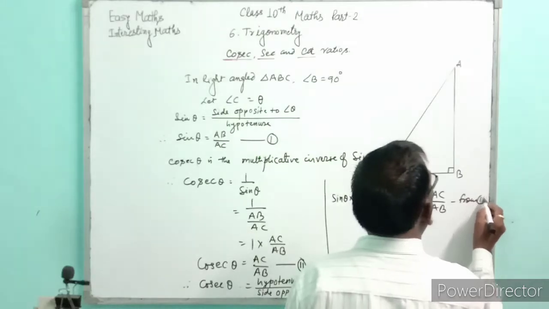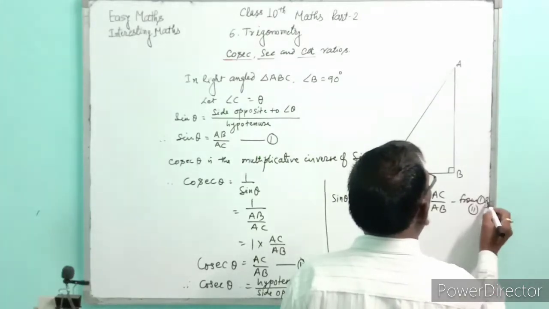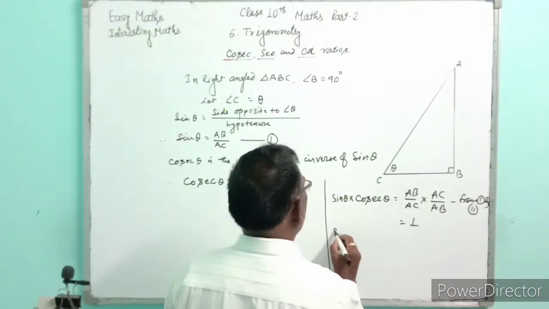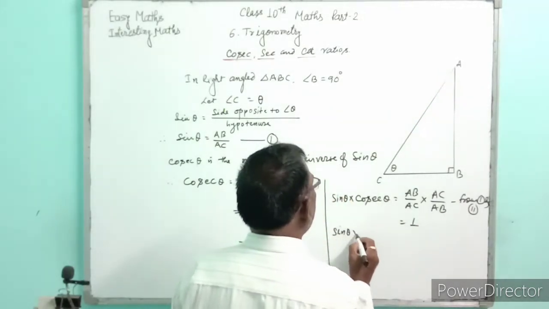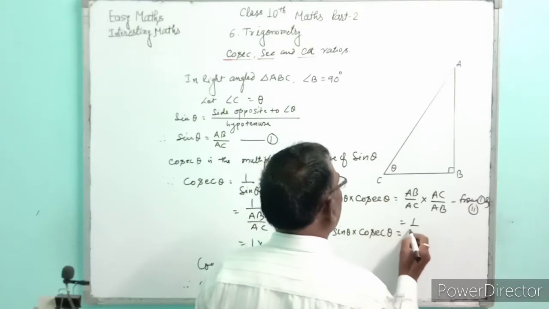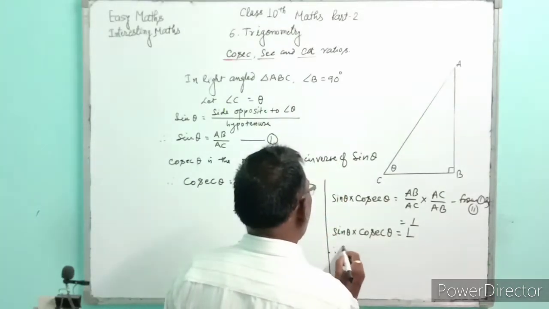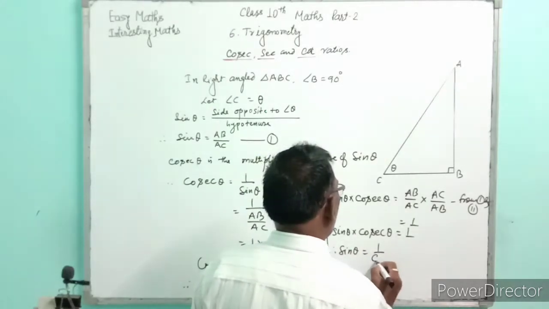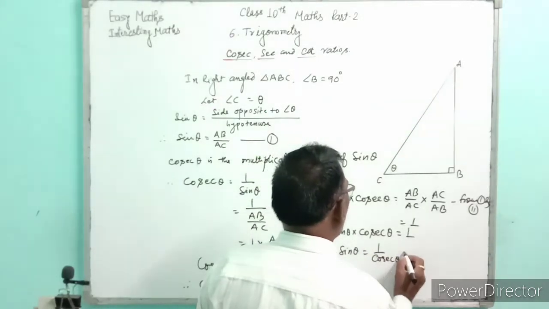From 1 and 2, it is equal to 1. Therefore, sin theta into cosec theta is equal to 1. Therefore, sin theta is equal to 1 upon cosec theta.